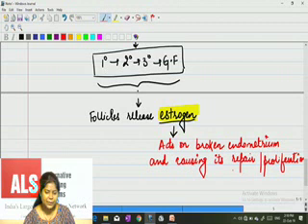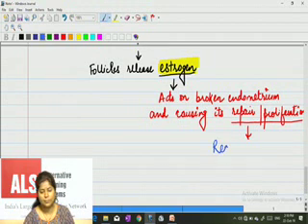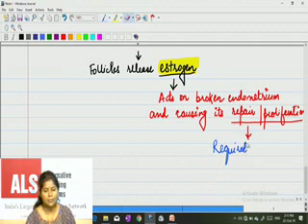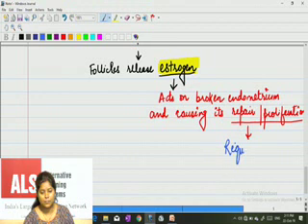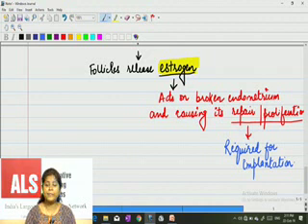So this proliferation or repair is basically required for what purpose? This is required for implantation if the event of fertilization takes place.